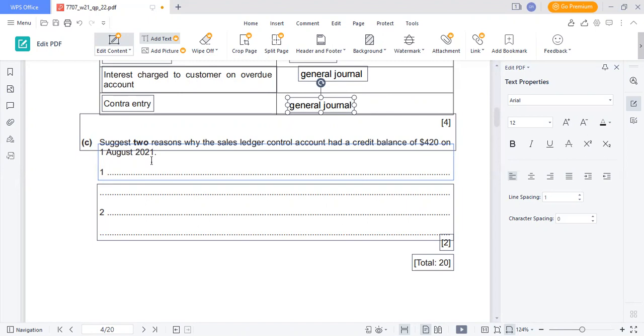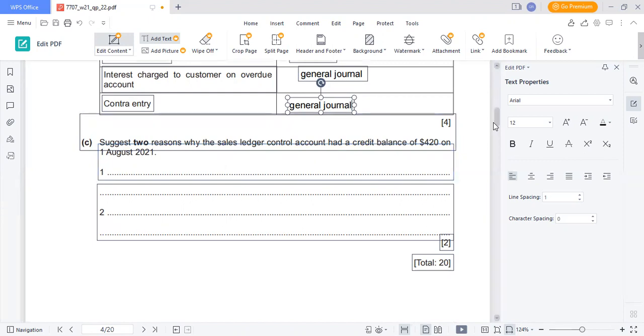Their total amount was 450 and they paid us 500, so we have to pay them 50 rupees back. So that could suggest the credit balance on the sales control account. Or the customer has overpaid us 420, or the customer has paid us in advance, that 420 is paid in advance and he will buy goods in the likely future for 420. So that will come under the credit balance in the sales control account.